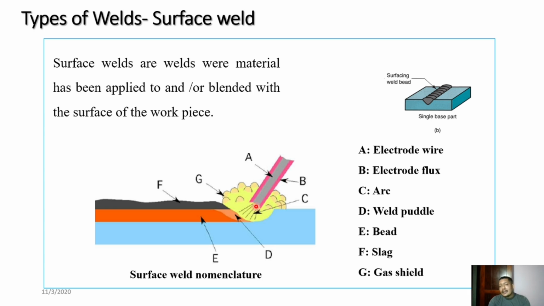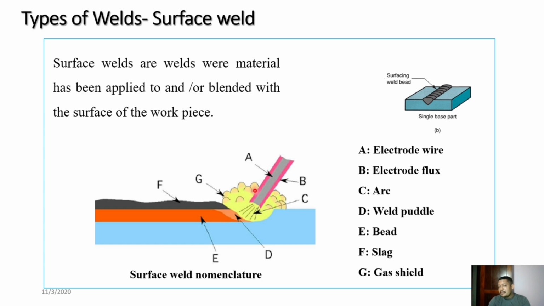You can see the electrode as well as the workpiece will be connected to the terminals of electricity, and the electrode is kept at a certain distance apart, and the path becomes ionized and the flow of arc is established. The part number C is called the arc. The purpose of the flux is normally to protect this arc from atmospheric contaminants.